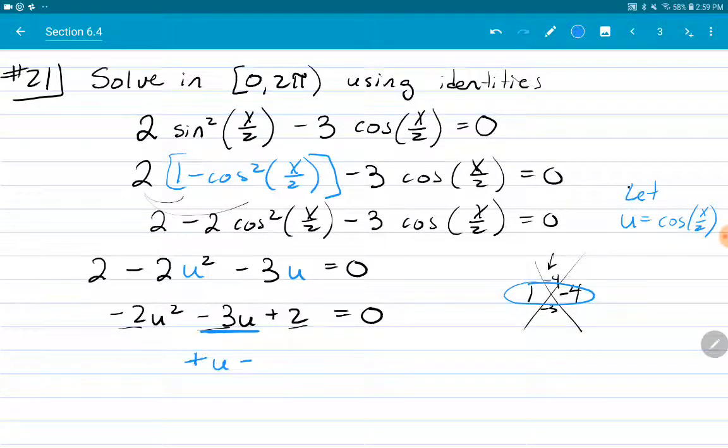I'm actually going to do it in the other order because that makes the grouping a little easier when my second number is positive. So I'll do a minus 4u plus 1u. When I add them together, I get negative 3u. And then the rest I'm just going to copy down.